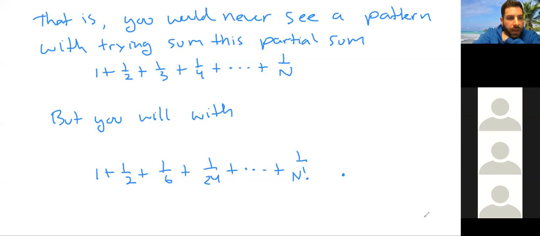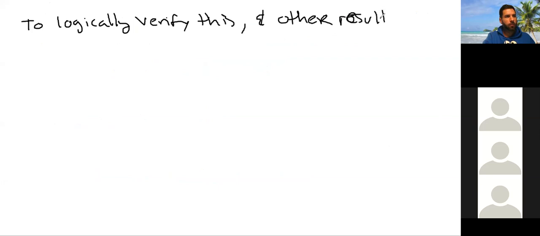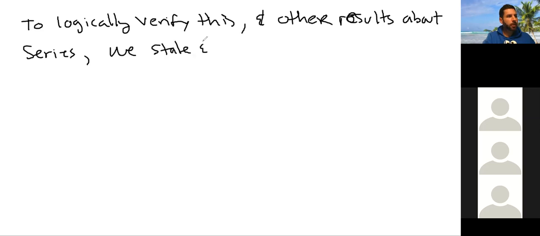Okay, so that's not mathematical proof, that's not evidence, so we need evidence. And so what we're going to do to verify this and other results about series, we state and prove theorems.